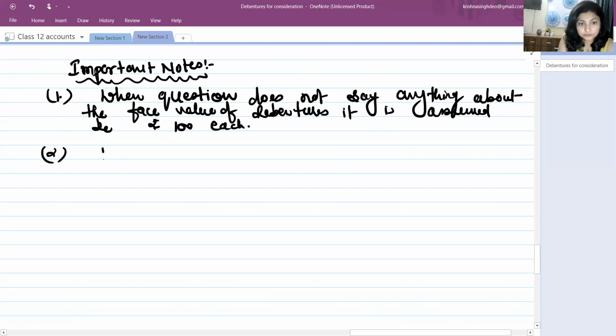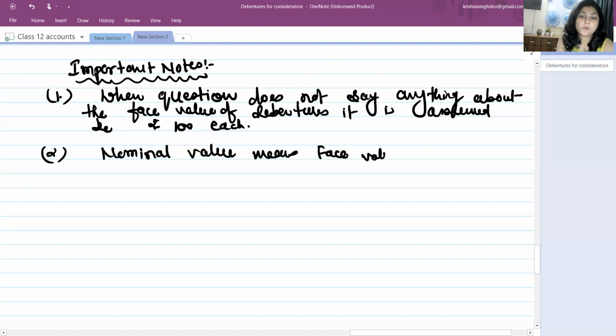Number 2, nominal value means face value of debentures.